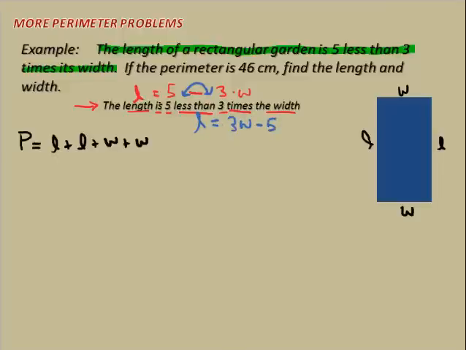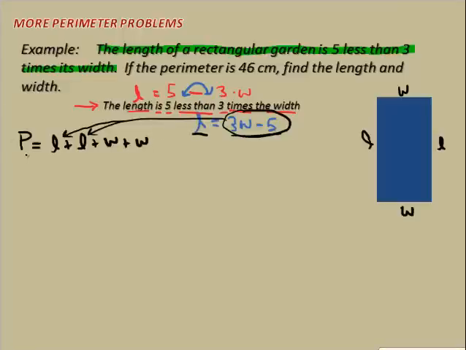Now if you'll notice, L and 3W minus 5 are the same thing. So here's what I'm going to do. I'm going to put the 3W minus 5 in place of the L in my equation that I wrote. And then all I'm going to have is W's. So it's going to work like this.